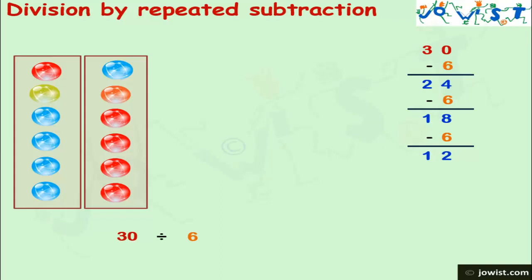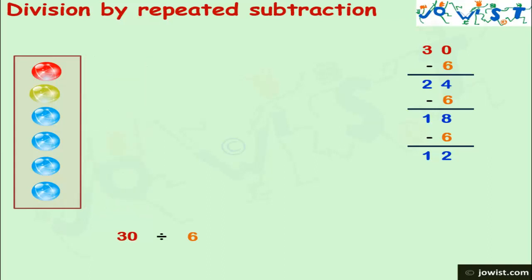Now what should be our next step? Yes, we will take the next group away. How many marbles have we taken away? We have taken 6 marbles away. So how many marbles are left?